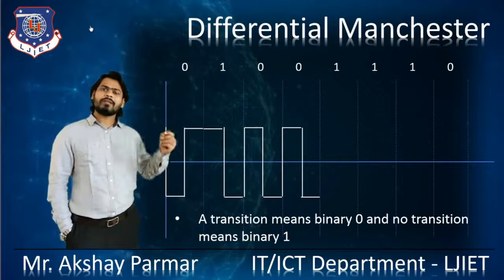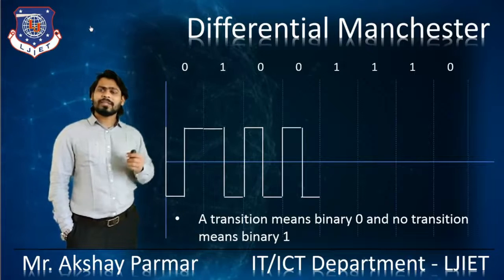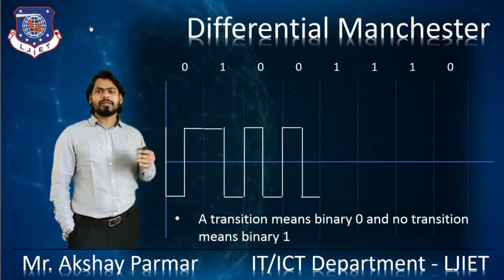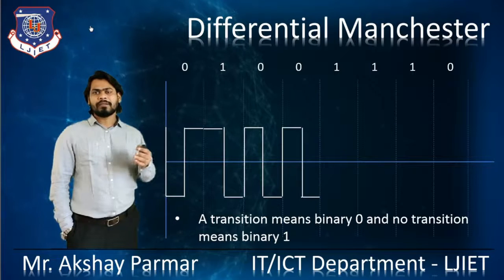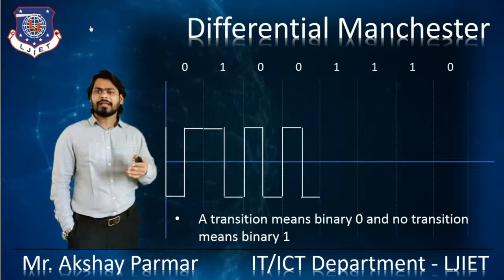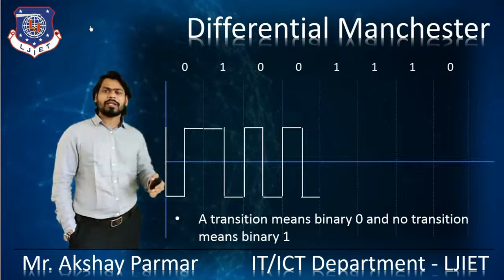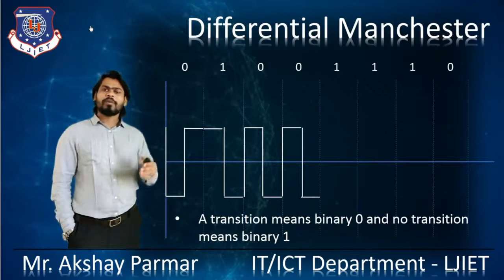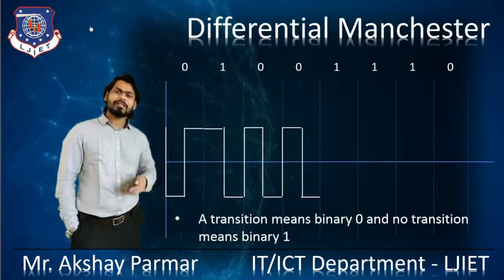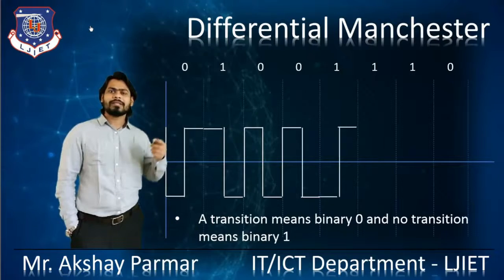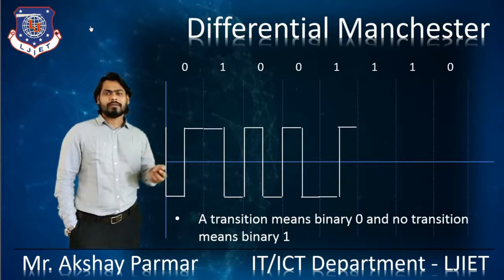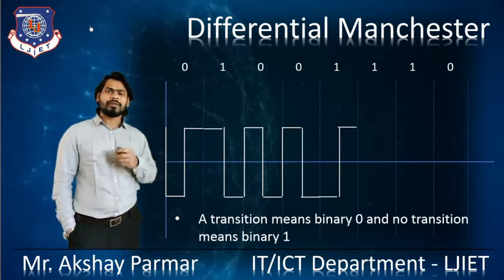After that, the bit 1 is there, so to represent the bit 1, we will invert the previous transition. The previous bit 0 was represented by the positive voltage to the negative voltage transition, so to represent the bit 1, we will follow the negative voltage to the positive voltage. So that's how we represent the second occurrence of the bit 1.